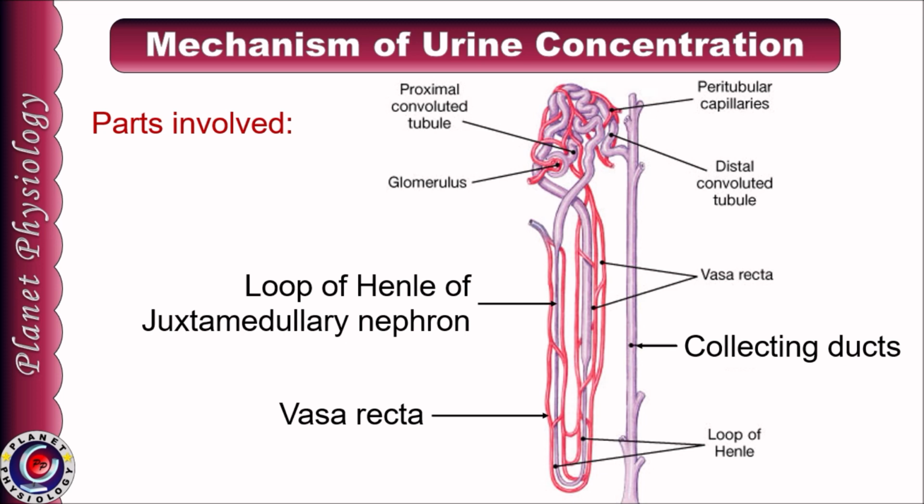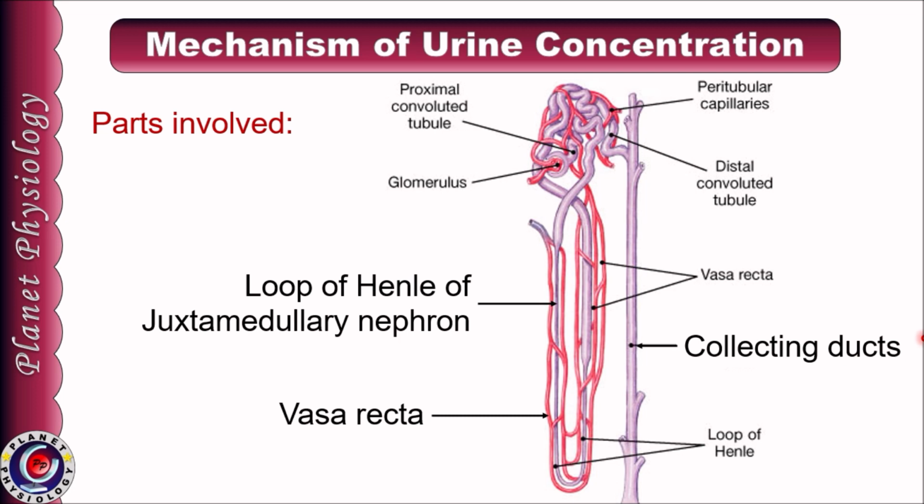Concentrated urine formation is the function of juxtamedullary nephrons which have long loop of Henle running up to the tip of renal medulla and the special set of capillaries surrounding them called vasa recta. Even though these are the main components of the kidneys involved in formation of concentrated urine, collecting ducts also play a significant role in this process.